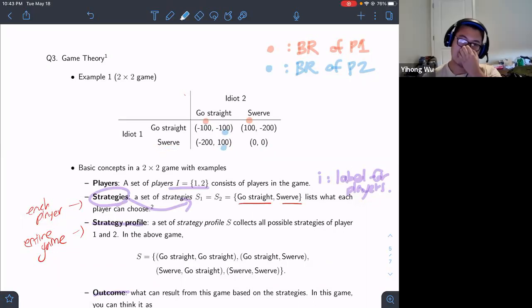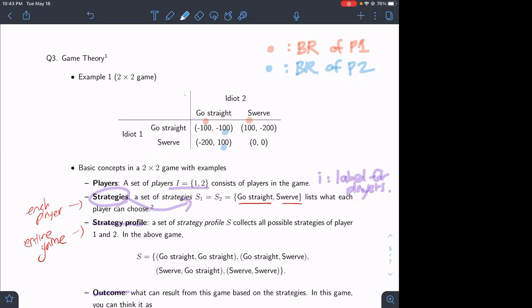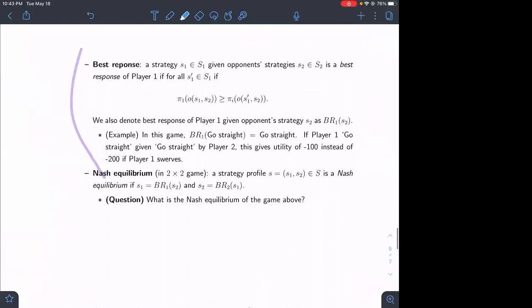Okay. So we can denote best responses in the table like this, but sometimes we can also denote best responses as a function. Best response is a function for each player. I think the professor would use the notation BR, best response of, where the subindex is for the players. The argument, so this is a function, the input of this function is the opponent's strategy. The output is my best strategy.